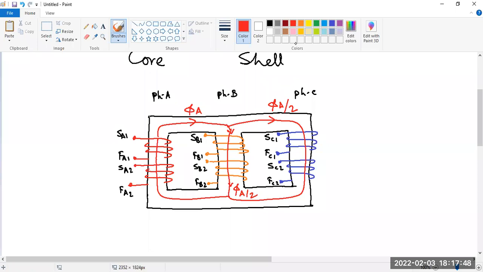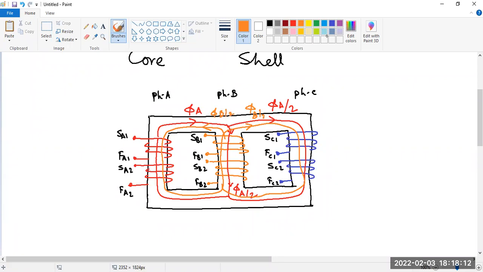Similarly, for B phase also we have two. One is this, another is this. Okay, and B phase flux will be equally divided, phi B by 2 and phi B by 2.